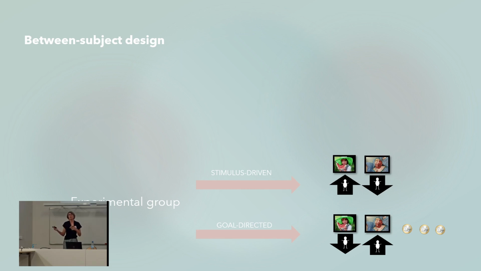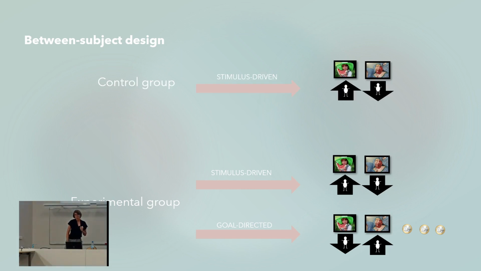And this is against what common emotion theories say. They say at such an early moment you can only find the stimulus-driven action tendencies, and only if you give them more time, you would find the goal-directed ones. We also had a control group, which we used just to see that the stimulus-driven process is indeed there, so that there is a process against which the goal-directed process has to compete.